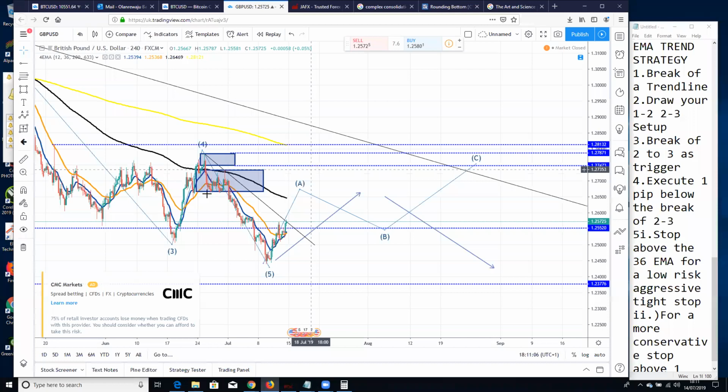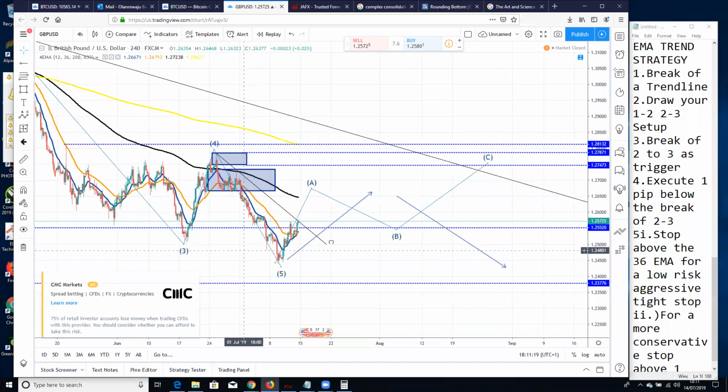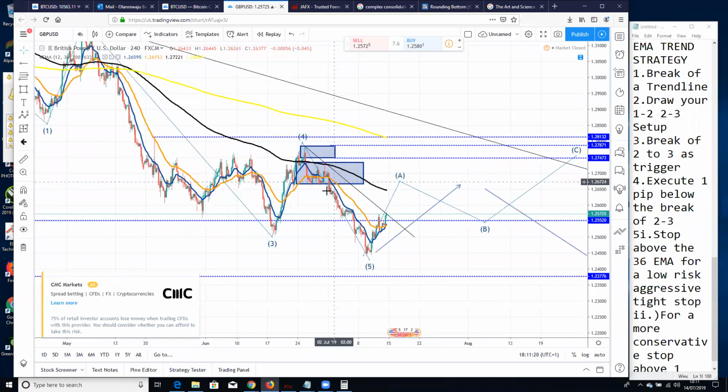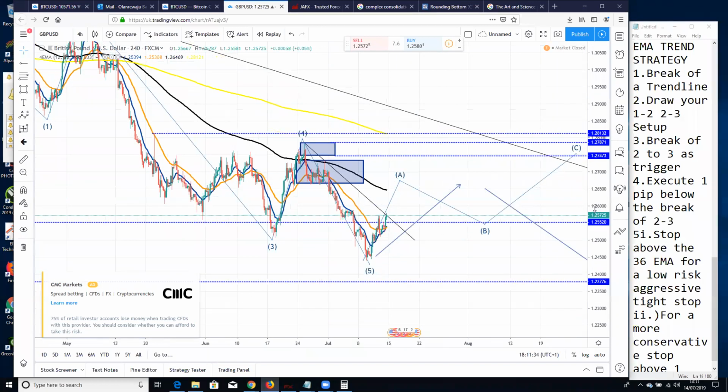All right, so looking at all these technicalities, you can call this area an area of support that eventually got broken, but it's not a very strong supply zone to me. All right, although we have some technicalities coming up that can aid that trade for a sell-off. So we look into that as well.